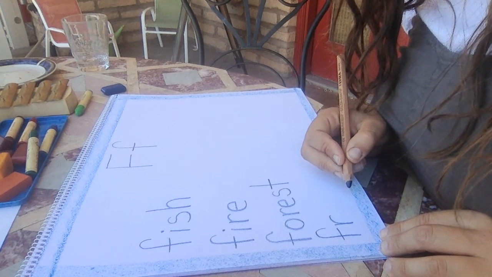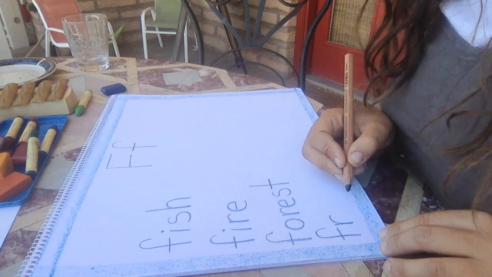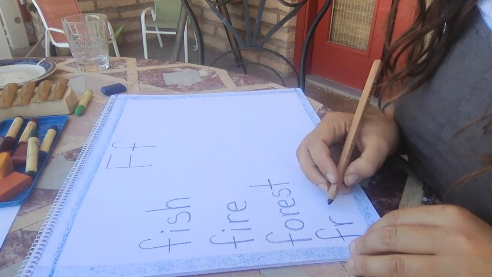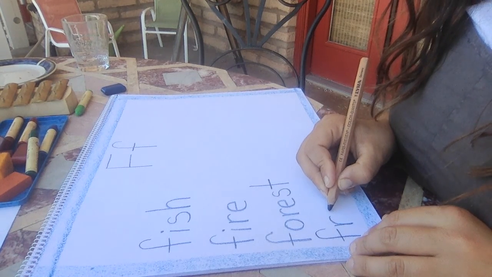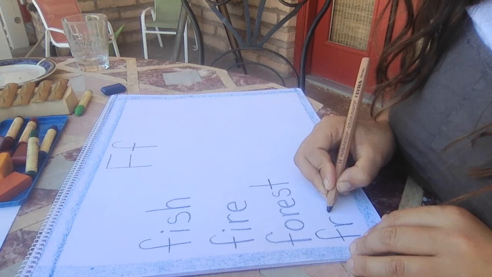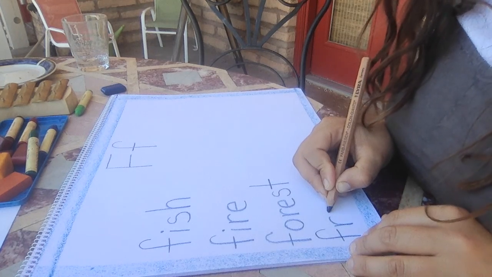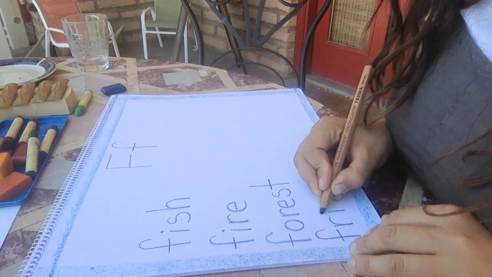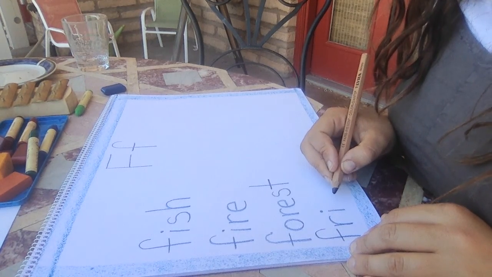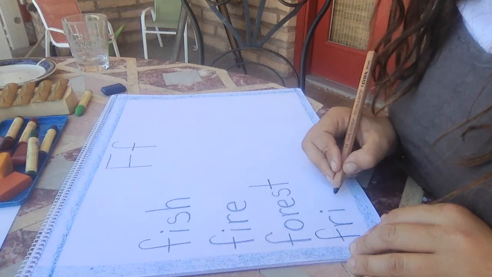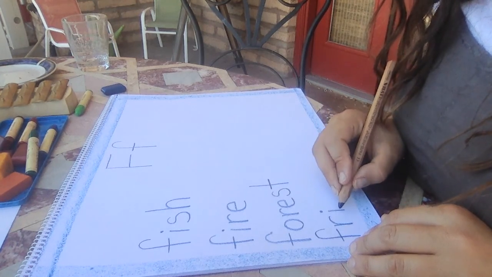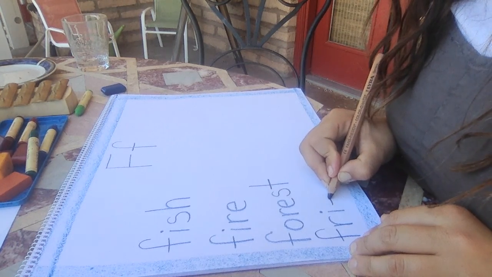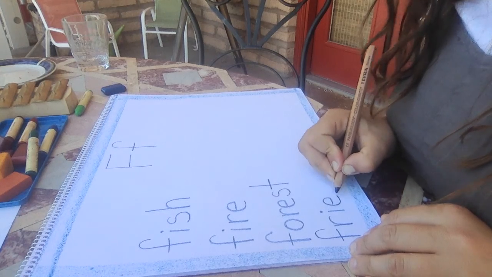But friend is kind of a special word where the first letter in that eh sound doesn't speak. It's such a good friend, it lets the E say its sound instead. Fry, it looks like it's fr, and then we add this eh.